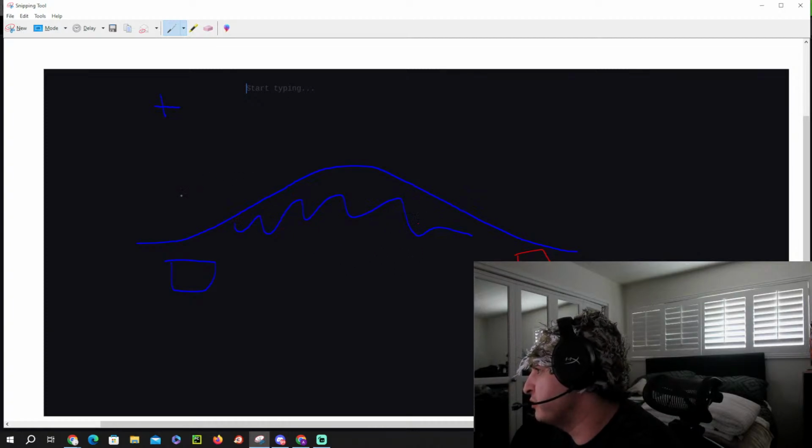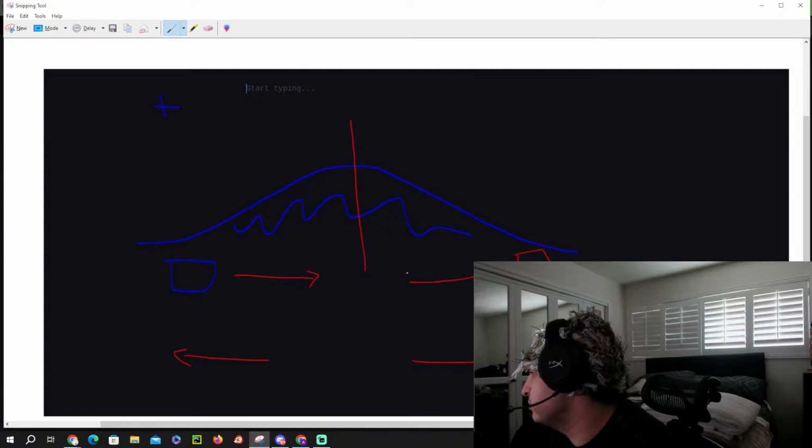So there's this tug of war, right? Price moves too far this way, it buys and pushes it. Price moves too far this way, it sells. This is what causes this right here.